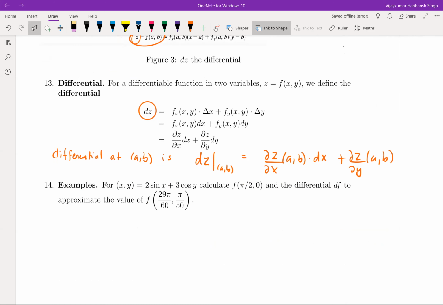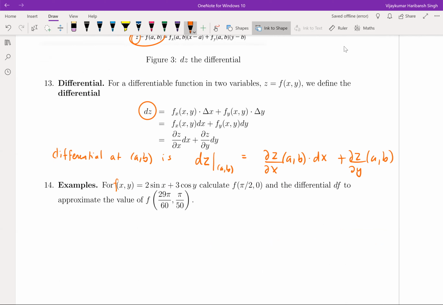So let's do this computation now. Let f(x, y) equal this function. Calculate f(pi/2, 0), and use the differential to approximate this value. So let's work on this. How would we go about it?